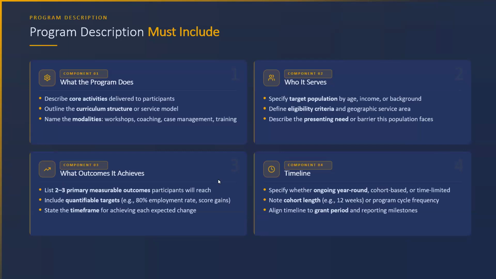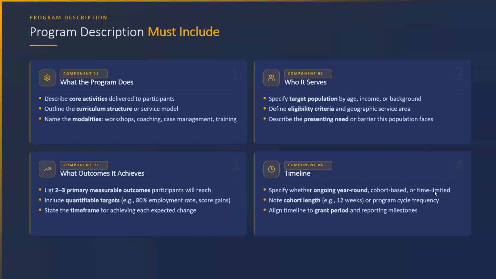What outcome does it achieve? You want to list anywhere from 2 to 3 primary measurable outcomes participants will reach. Next week, we're going to start talking about how you measure success. But this week, we're just going to talk about the plan. You want to include quantitative targets like an 80% employment rate, scores gained, etc. You want to state the time frame for achieving each expected change.